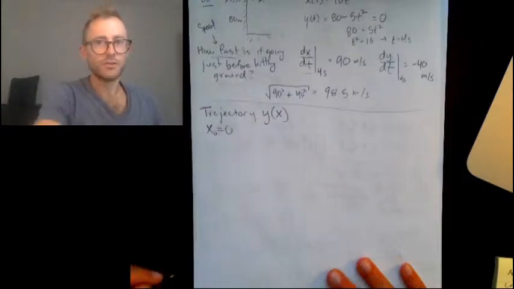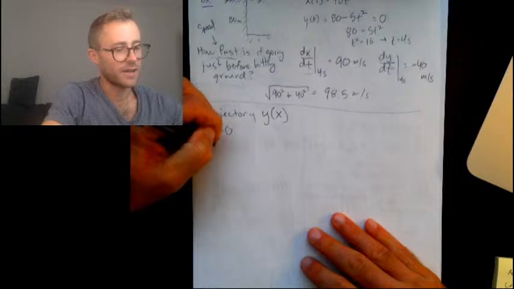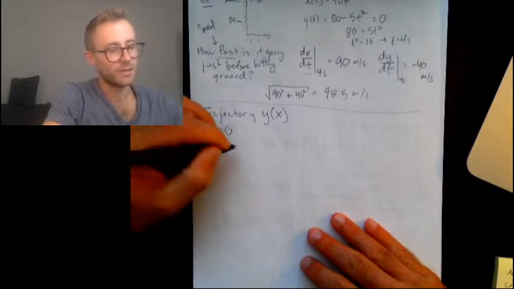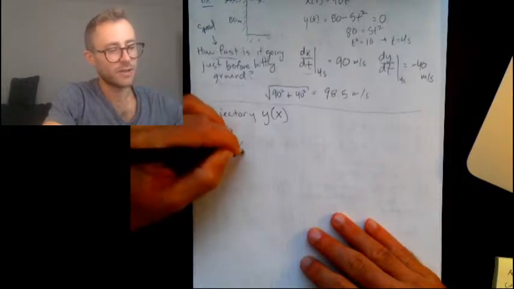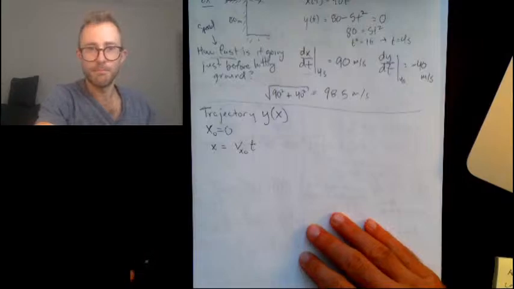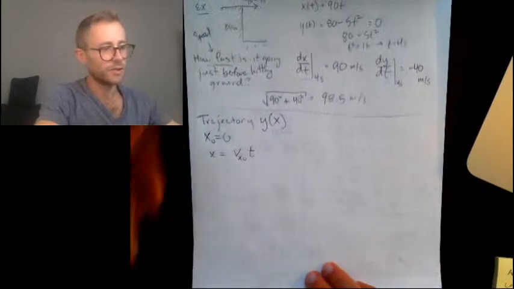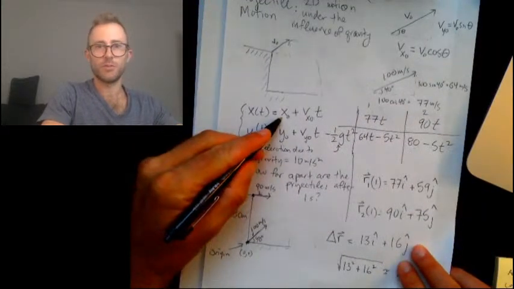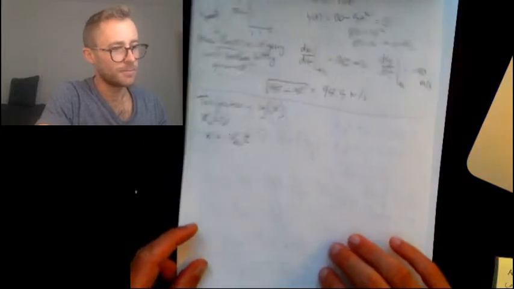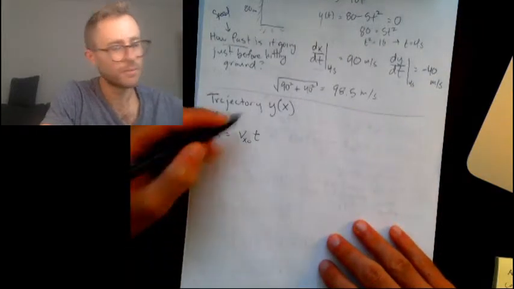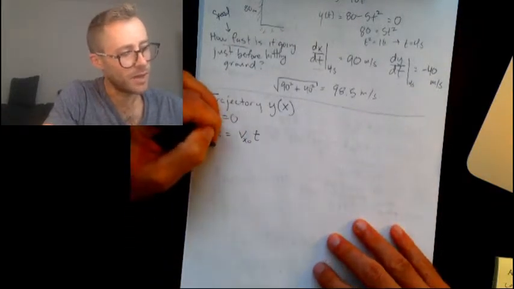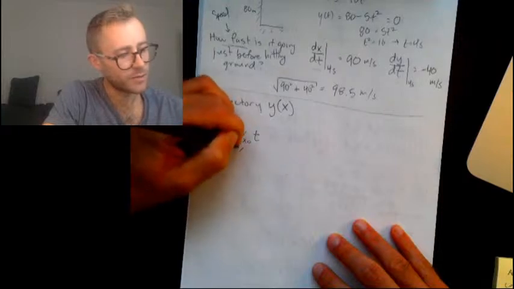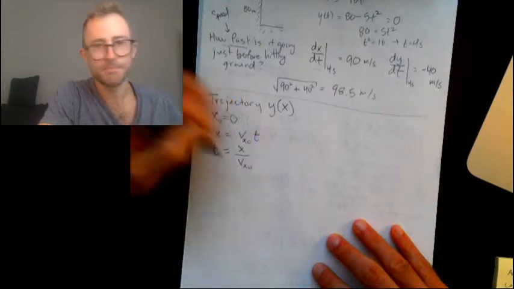If you do that, your x of t equation is just going to be vx naught times time, because if x naught equals 0, then this first part goes away. So we have time equals x over vx naught.